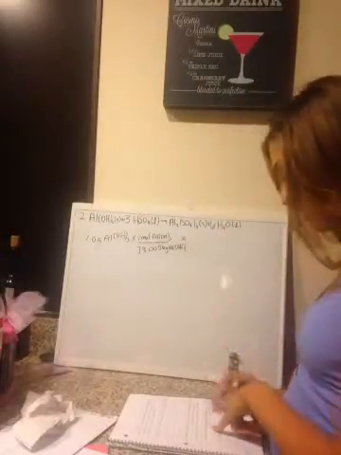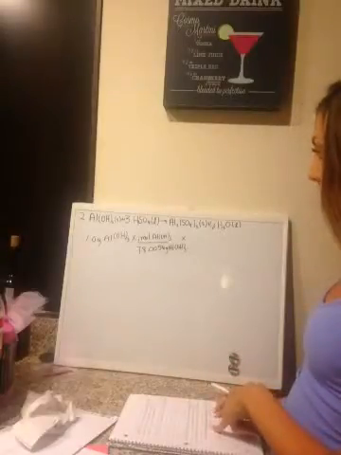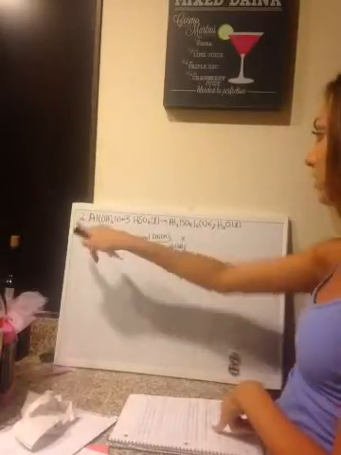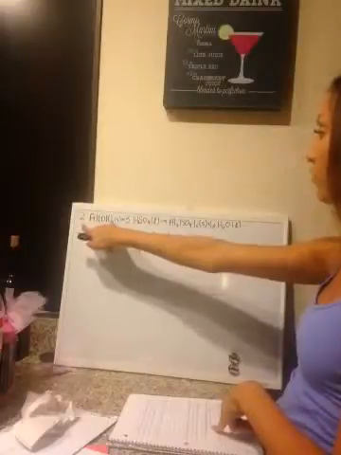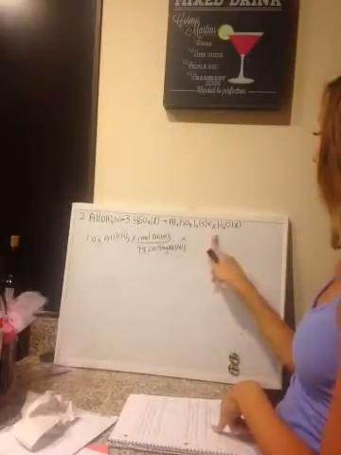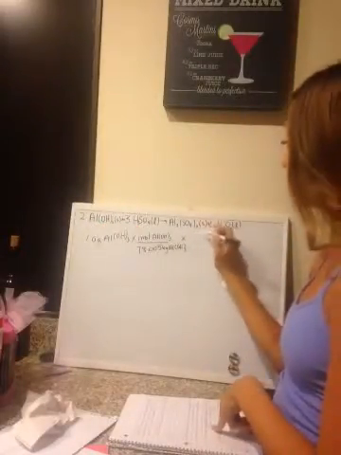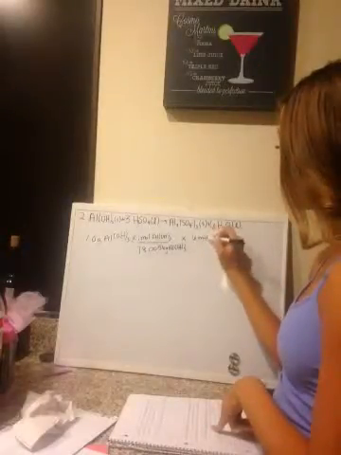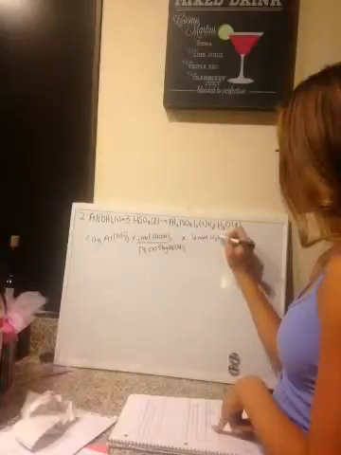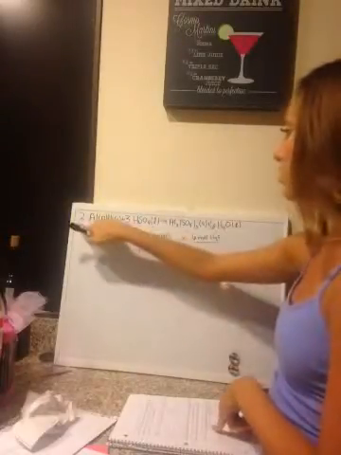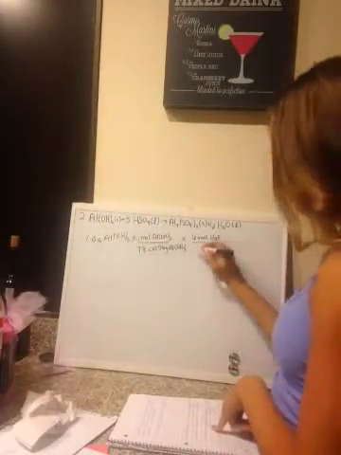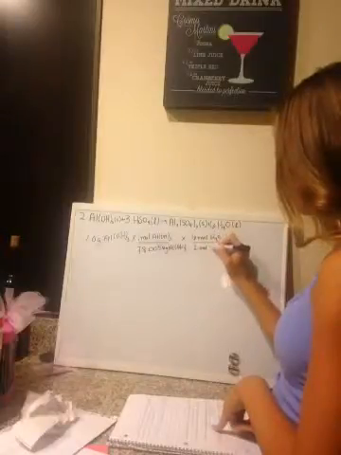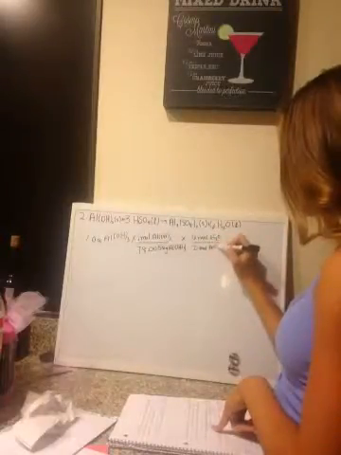Then, since these are not ones in front of the molecules, we have to multiply it by 6 moles of H2O over 2 moles of aluminum hydroxide.